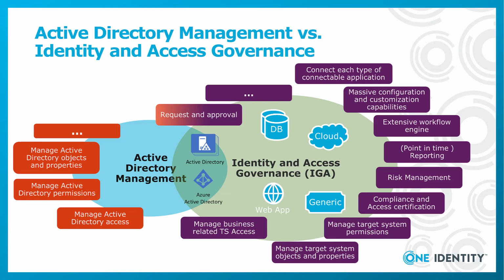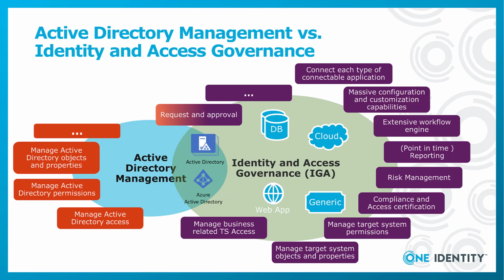Extensive workflows support that, and risk management typically completes the feature set of an identity and access governance solution. Last but not least, not to forget reporting, which is one of the most important features each identity and access governance solution should have. The whole thing again is built for the business, it is built for auditing, and it is built to support business needs.